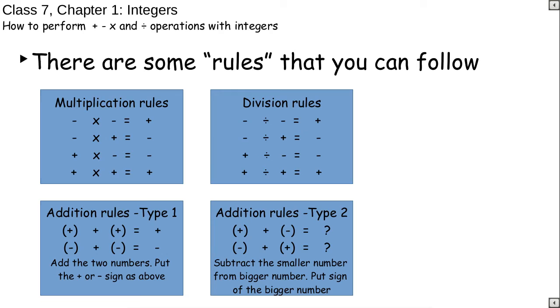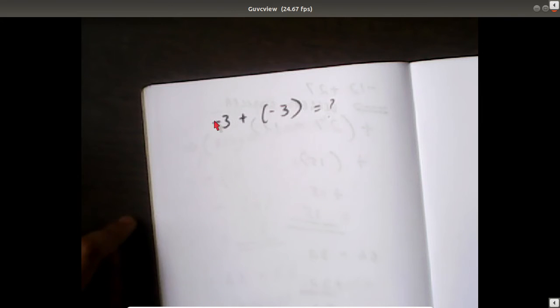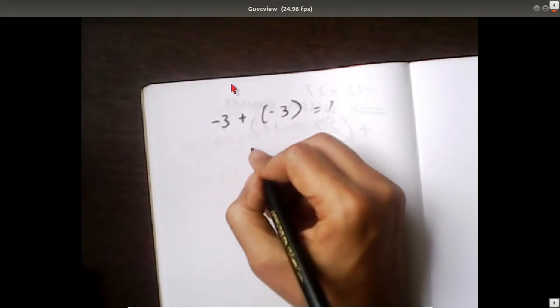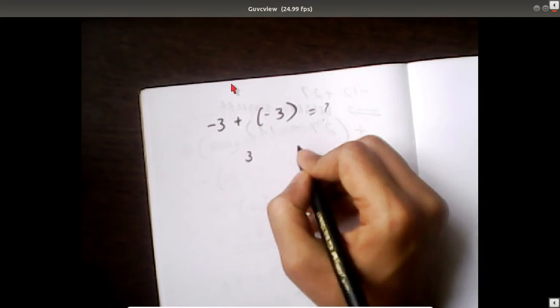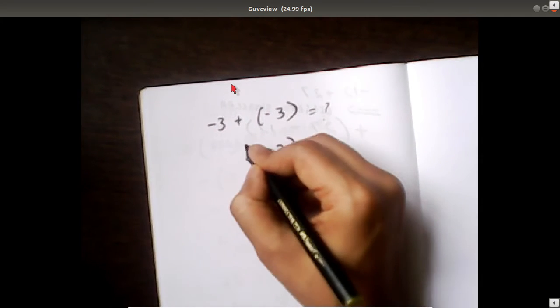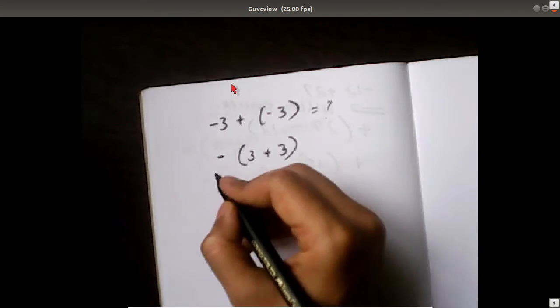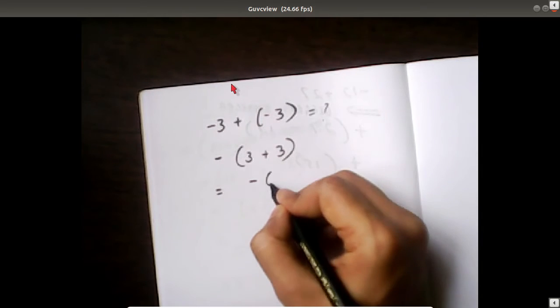What did our rule say about having a minus sign on both the numbers? It says if you are adding two negative numbers, that means minus plus minus is equal to minus. So when you are adding these two numbers, you will take them like this. 3 plus 3 and put a minus sign. And then the final answer becomes minus of 6.